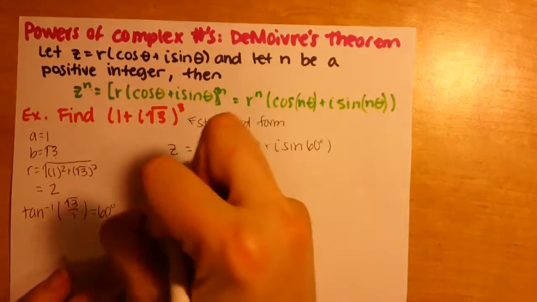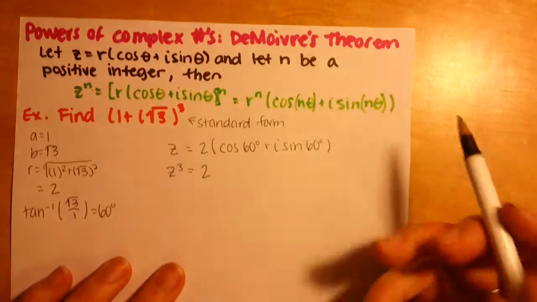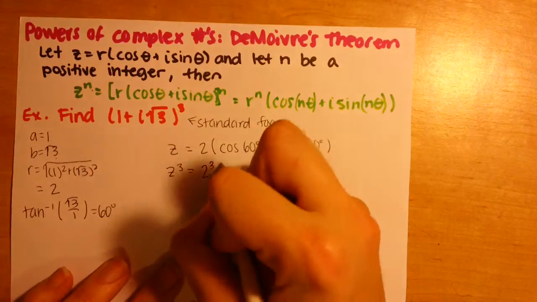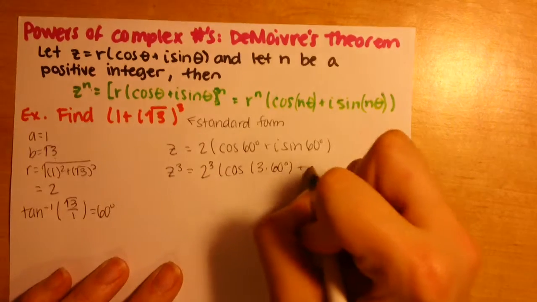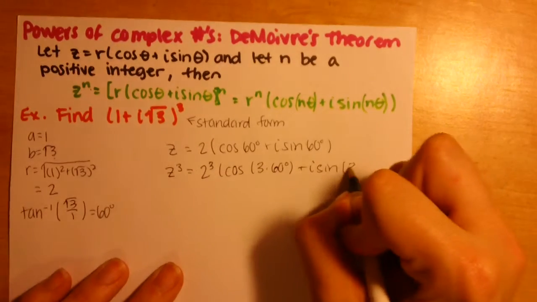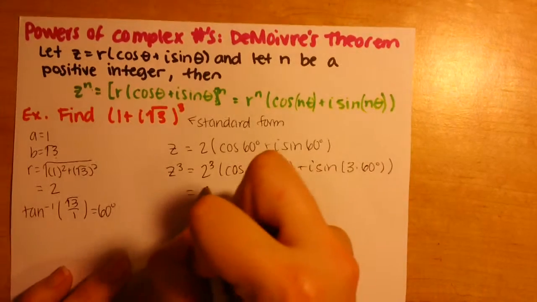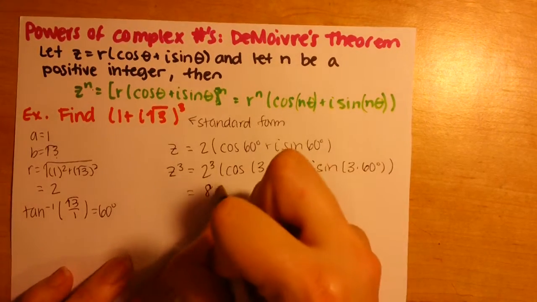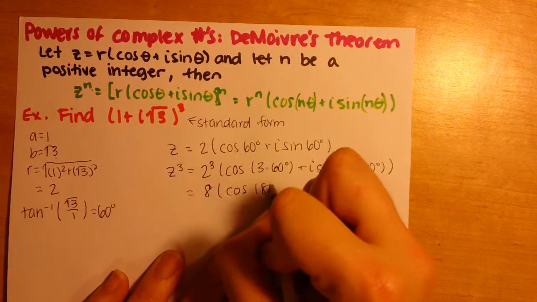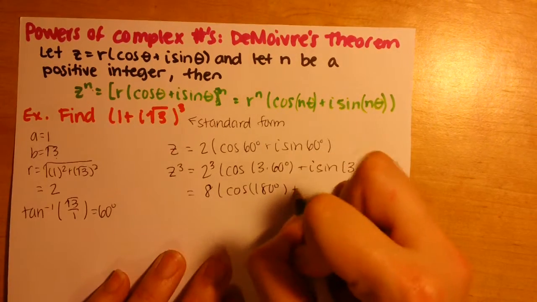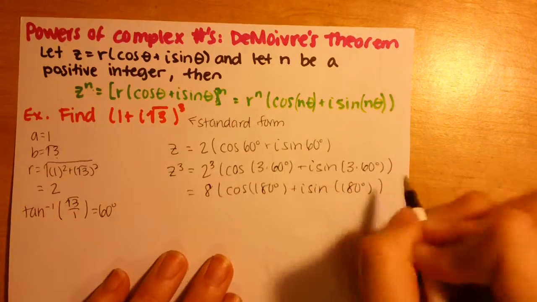So now I want to cube it. Z cubed equals, now using DeMoivre's theorem, I can do 2 cubed cosine of 3 times 60 degrees plus I sine 3 times 60 degrees. So that's going to give me 8 times the cosine of 180 plus I sine of 180 degrees.